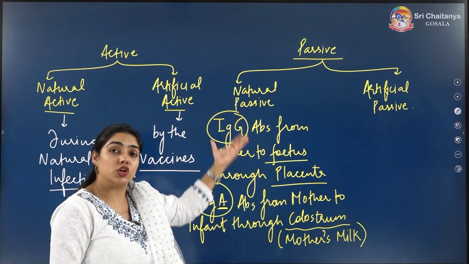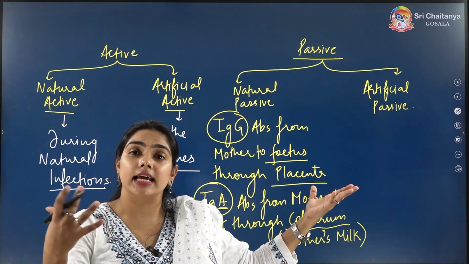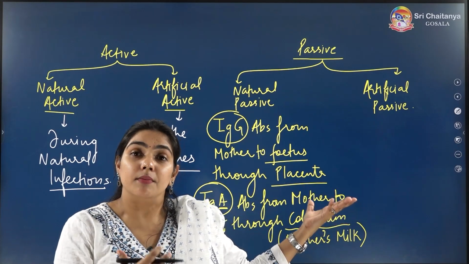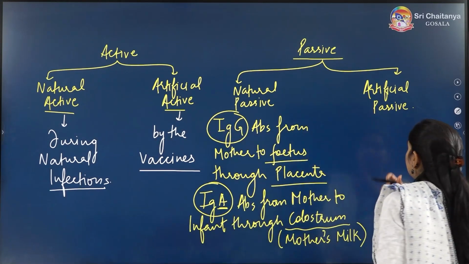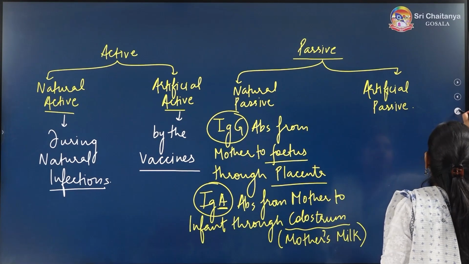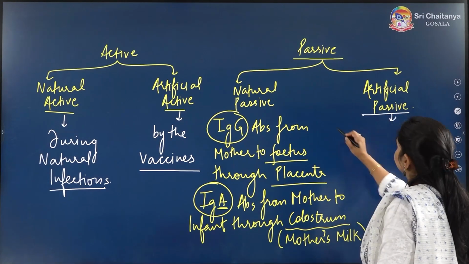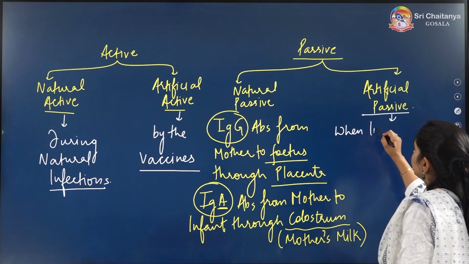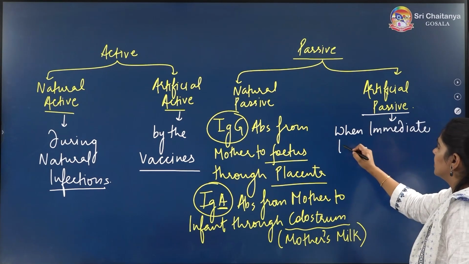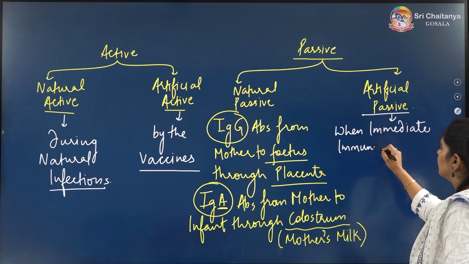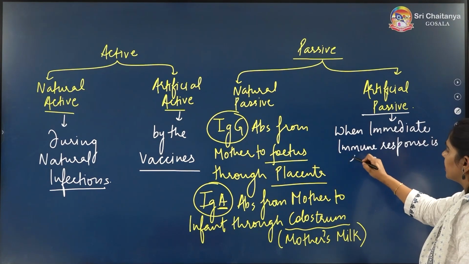Here it was a natural process, where the baby gets antibodies from the mother. But here it is an artificial process where you are giving antibodies. So it is required when an immediate immune response is required.